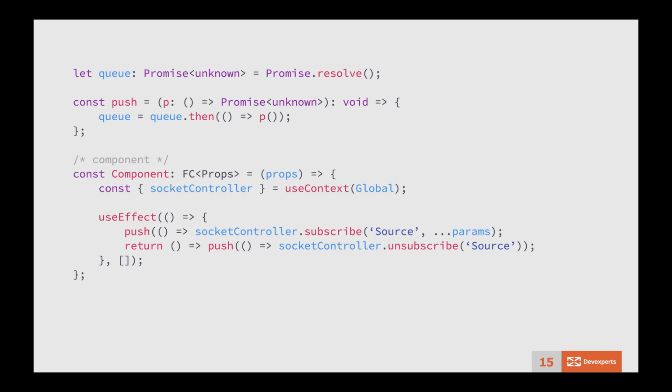I know it's not pure because we have a side effect, we have a queue outside, but this push is really a way to avoid concurrency between components. Mount and unmount can happen at different times, and this queue keeps the principle that every promise is resolved in the order they were put inside the queue.